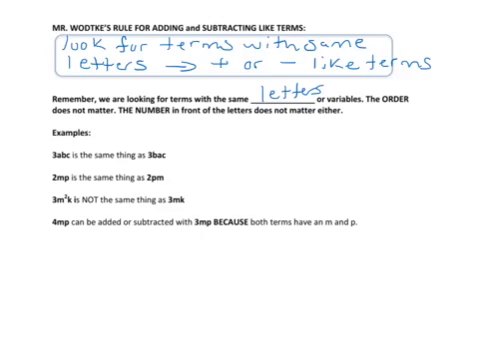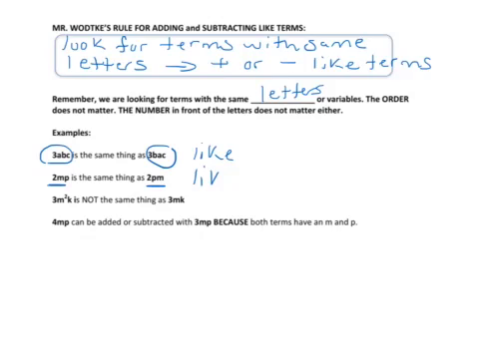So if I were taking a look at an example and I look at 3abc and 3bac, it doesn't matter. These are like terms because they have an A, they have a B, and they have a C. So these would be considered like terms. 2mp is also the same as 2m or 2pm because the first one has an m and a p, and the second one has a p and an m.